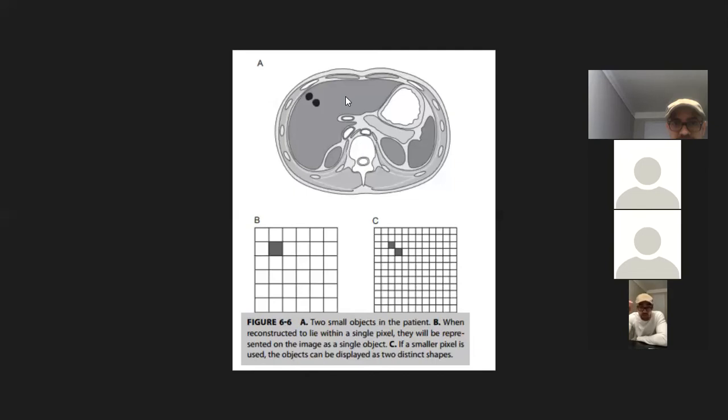Okay, so we want a large matrix, and slices as thin as we can get, depending on the dose we're trying to keep, to demonstrate everything with good fidelity. Fidelity means how accurately the structure being imaged is represented on the picture, right? How true to life is it?